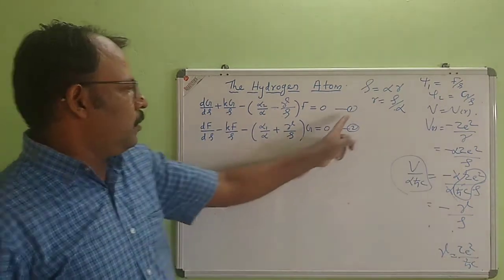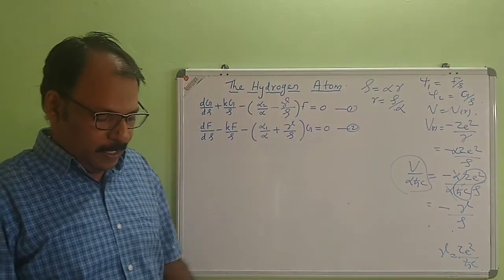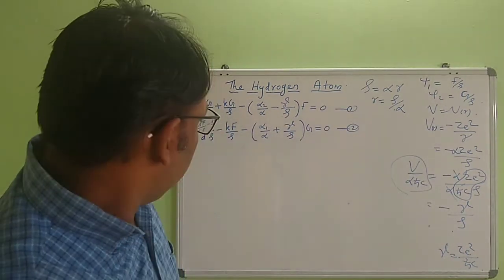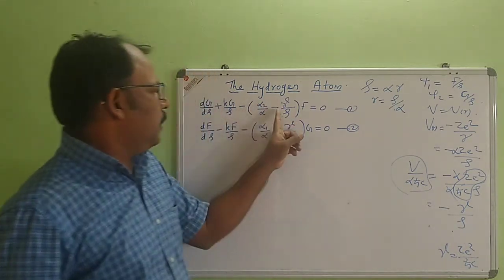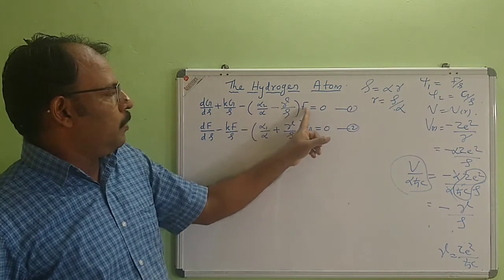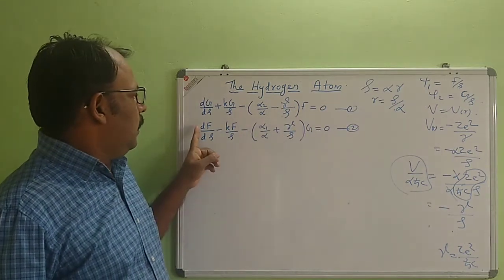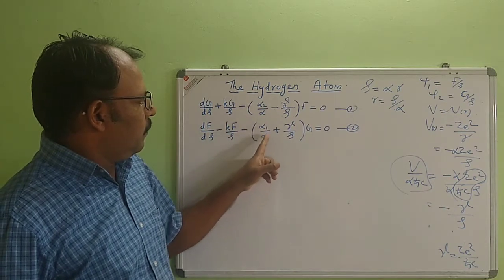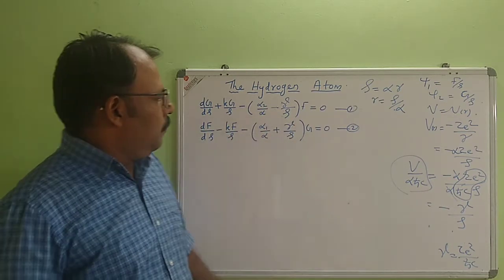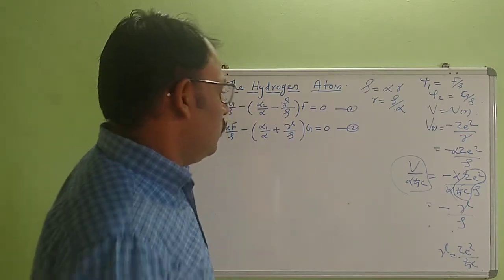So equation 1 for the hydrogen atom can be written as dg by d rho plus kg by rho minus (alpha 2 by alpha minus gamma by rho) f equal to 0, and the second equation df by d rho minus kf by rho minus (alpha 1 by alpha plus gamma by rho) g equal to 0.